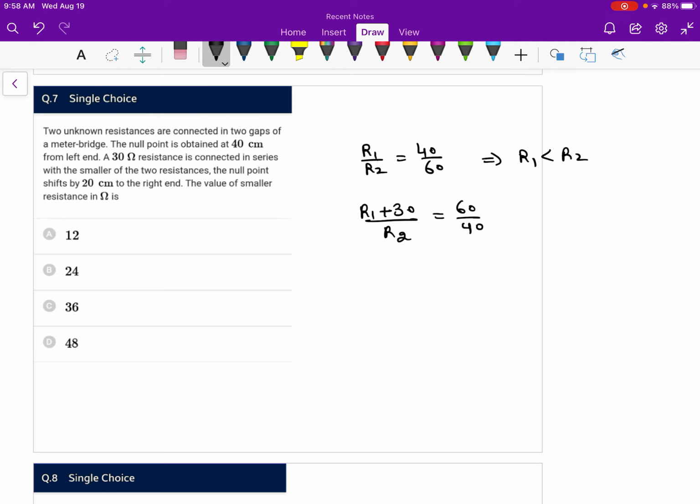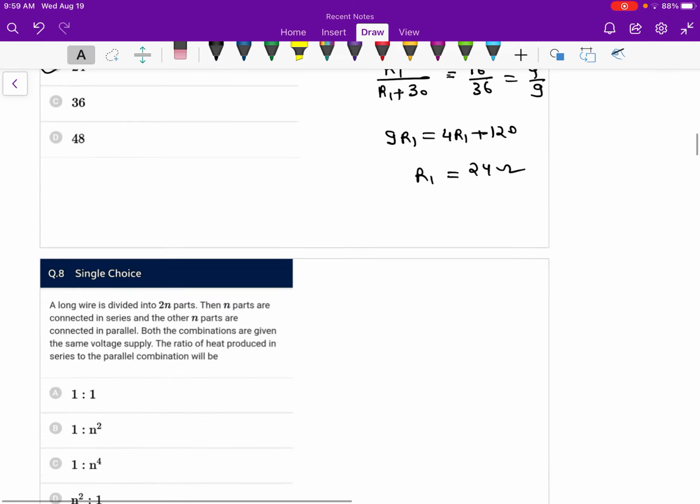Divide the two expressions. So R1 upon (R1 plus 30) is equal to 16 by 36, that is 4 by 9. So 9 R1 is equal to 4 R1 plus 120. So R1 is 120 upon 5, that is 24 ohm. So B is the correct option.